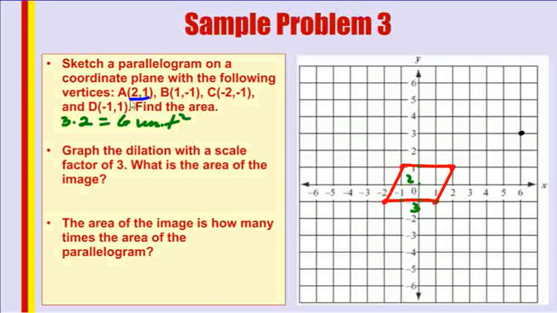So that's our A. And then B would be (1, -1). So that would be (3, -3). So (3, -3) would be here. And then we have (-2, -1). So (-6, -3).